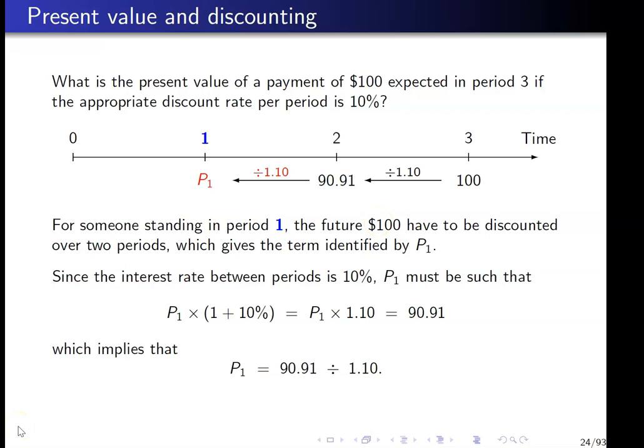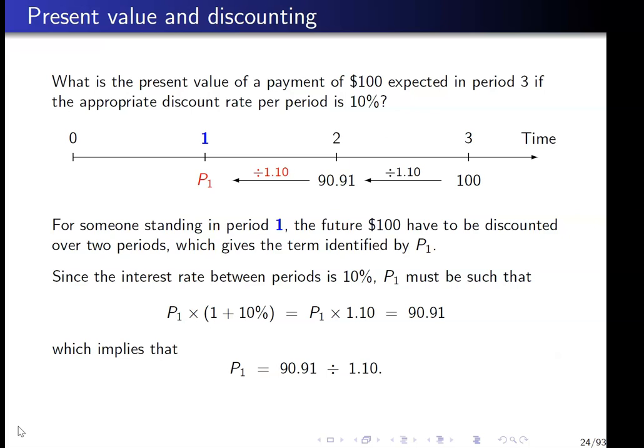Now, if we go back one more period, what is the value of $100 to be received at time 3 when we are standing at time 1? Time 1 is one period before time 2, so it's the discounted value of 90.91 over one period.